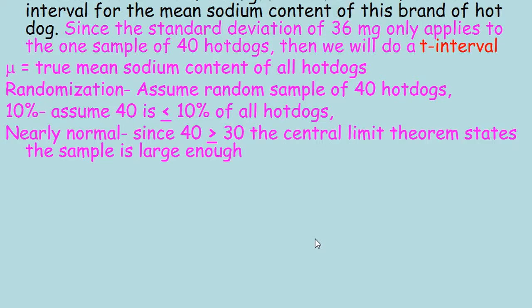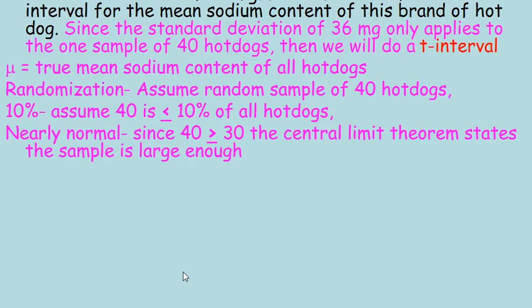If it's free response, or if it's multiple choice, select the one that sounds like this: since 40 is greater than or equal to 30, the central limit theorem says your sample is large enough to use the normal model. So everything so far is the same as the Z interval.